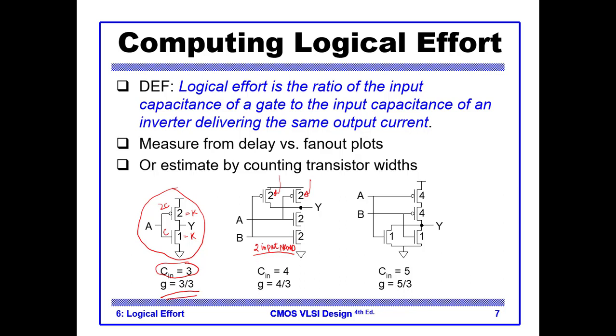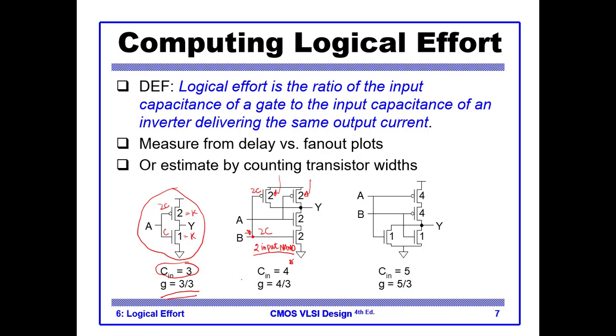Now what is the input capacitance? The input capacitance is 2C from here and 2C from here when I look into my input B, for example. Even if I look from the input C, again it is 2C plus 2C, so it is 4C. So my Cn of the gate is 4.